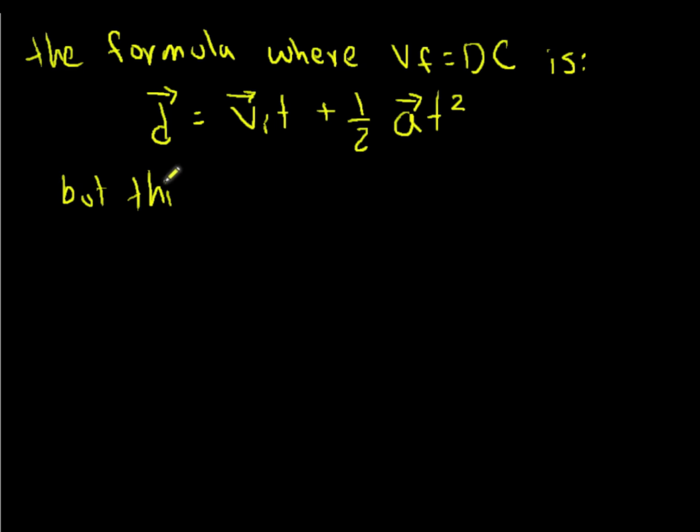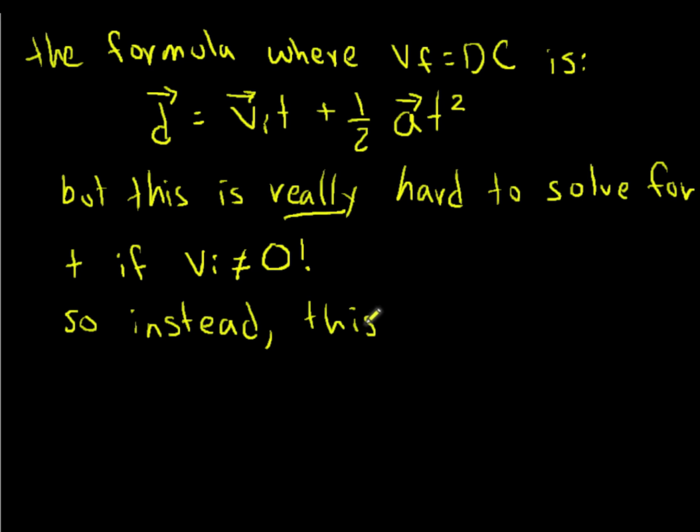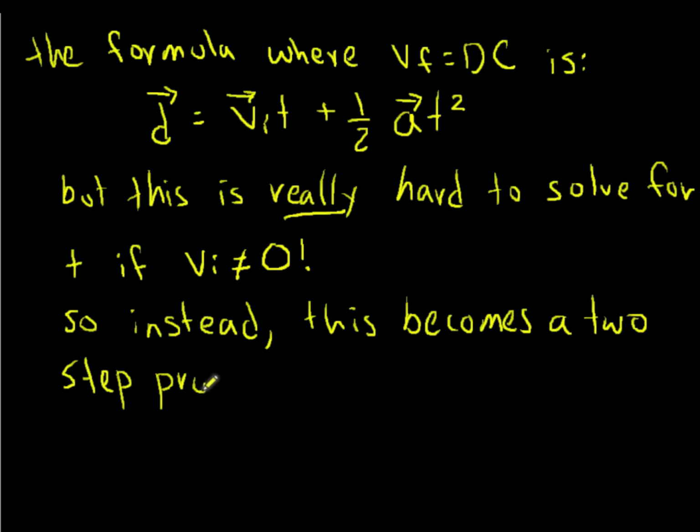But this formula is really hard to rearrange for t if Vi is not equal to 0. Remember, in the last example Vi was 0 and that's why we were able to use it. So instead, we have to go about it another route. There's a sneakier way we can get at this time. It becomes a two-step problem.